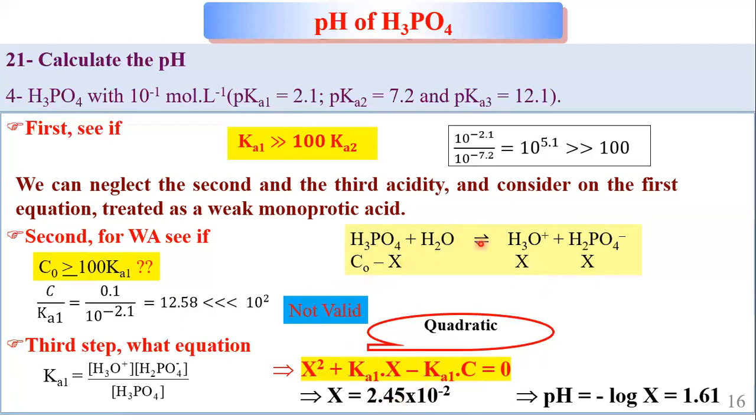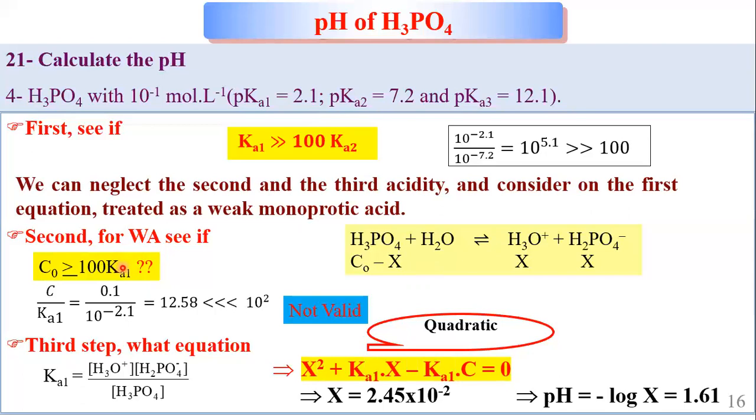Yes, it's an acid. It is the H3O plus. And so that's immediately pH equals minus log of X, and we get 1.61. Very simple. All of this part you already know. This is just weak acid pH calculation.